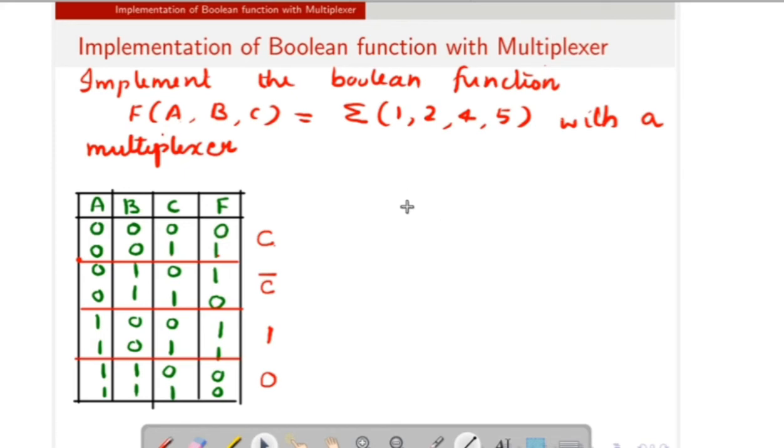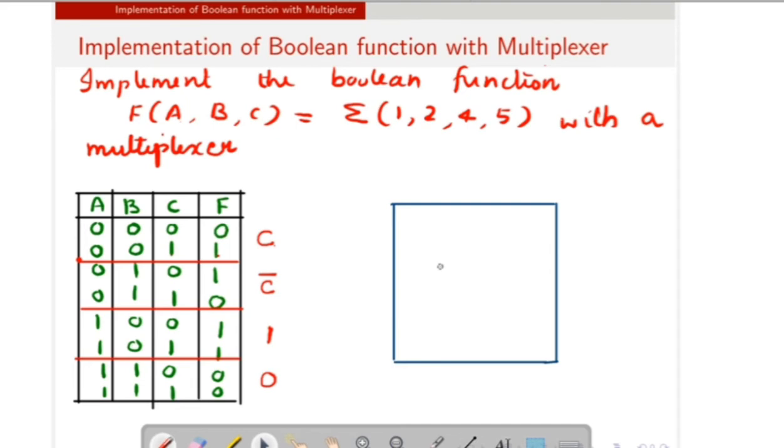Next we implement this Boolean function using the multiplexer. Here we have the 4 by 1 multiplexer with inputs I0, I1, I2, I3 and output Y, with selection lines S1, S0.